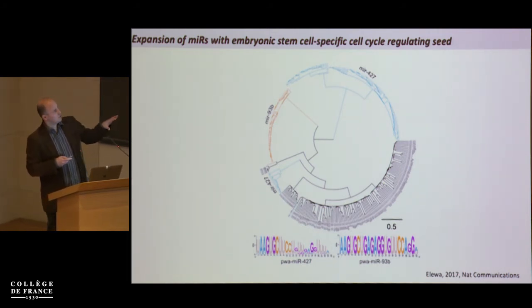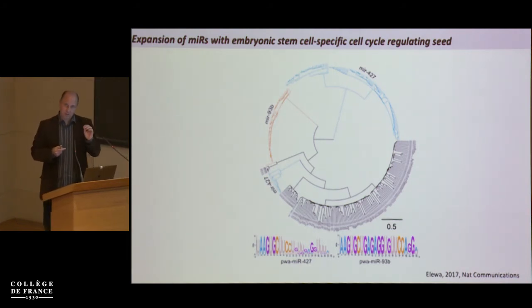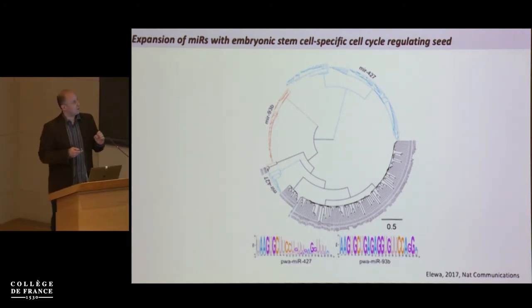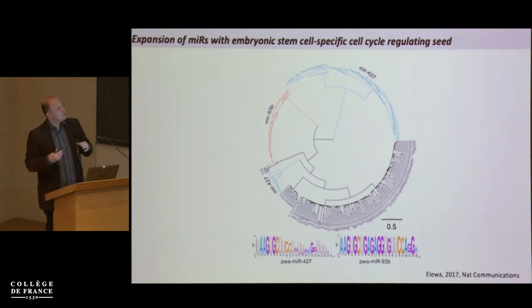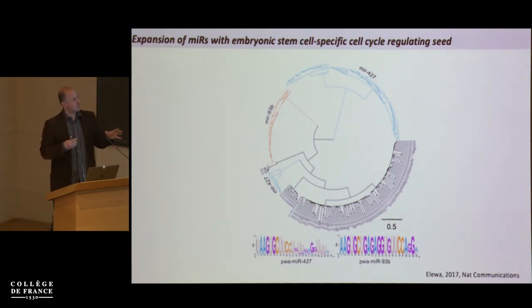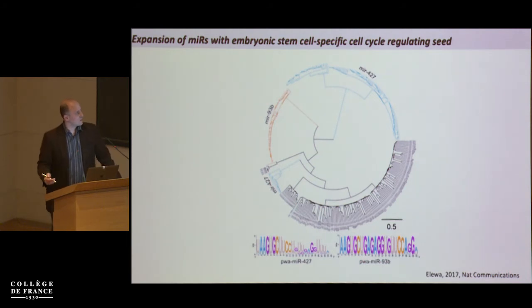And it has also been shown that just by transfecting fibroblasts with these microRNAs, it's enough to generate iPS cells, so induced pluripotent cells. So this was quite interesting in the context of Newt, that you have an expansion of these microRNAs.